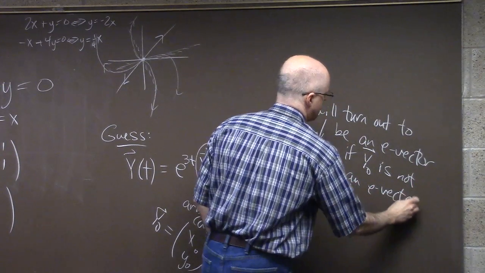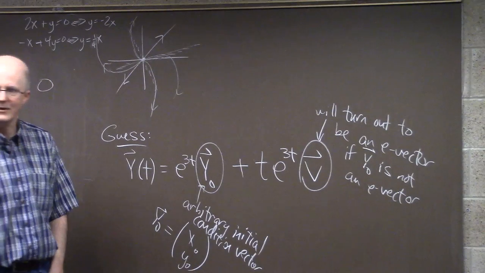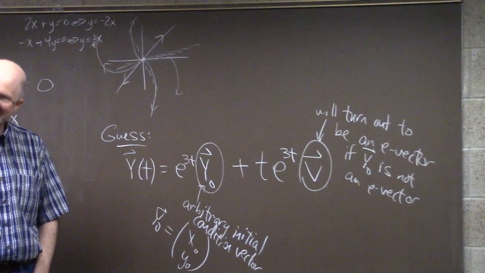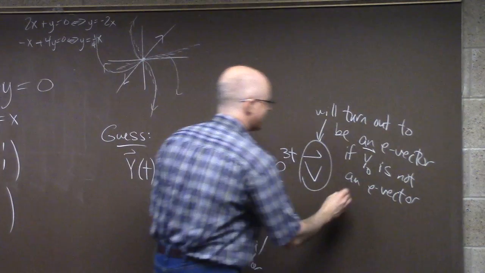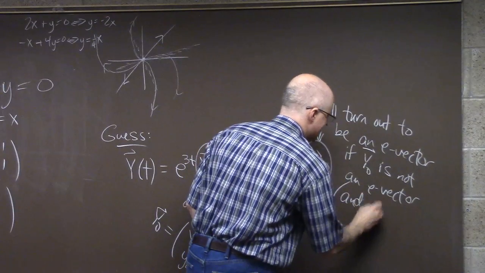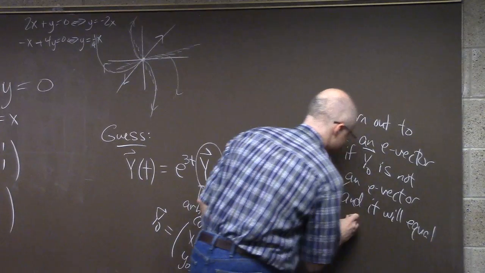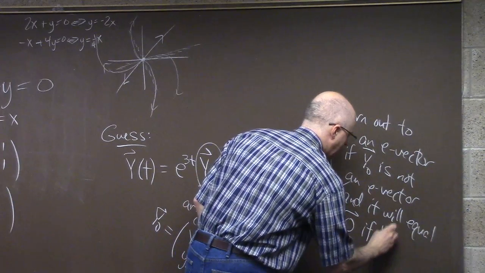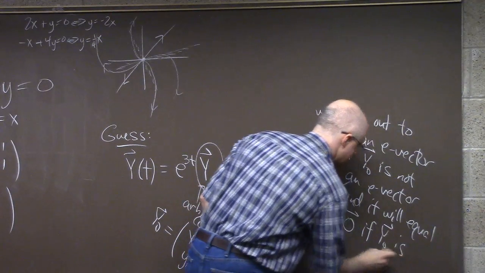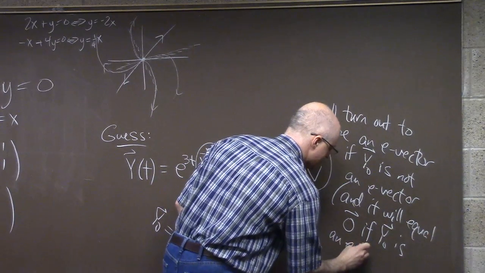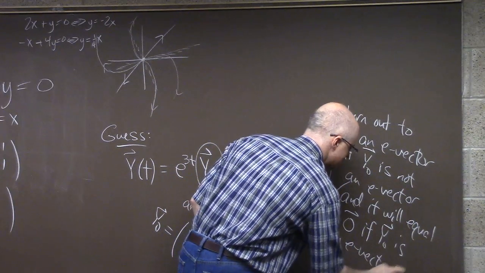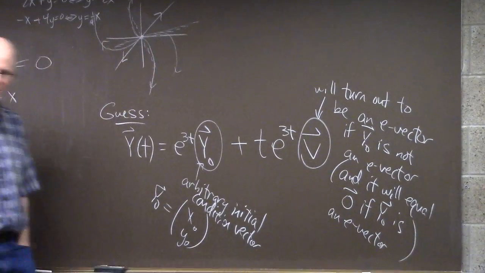And it'll actually equal the zero vector if y0 is an eigenvector. Very strange. I'm just telling you what's going to happen here without explaining why.